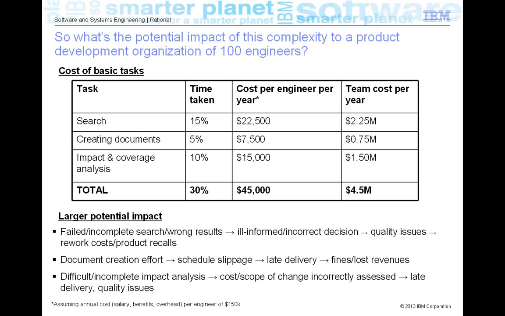There was some detailed study done in the breakup of tasks which these engineers spent most of their time on. So the predominant ones are search, document creation, and impact analysis and coverage.